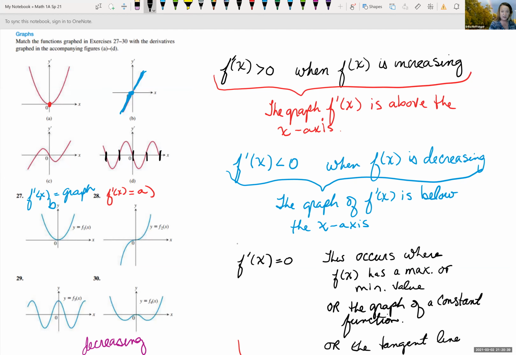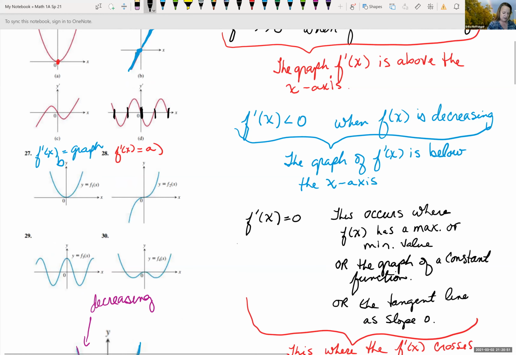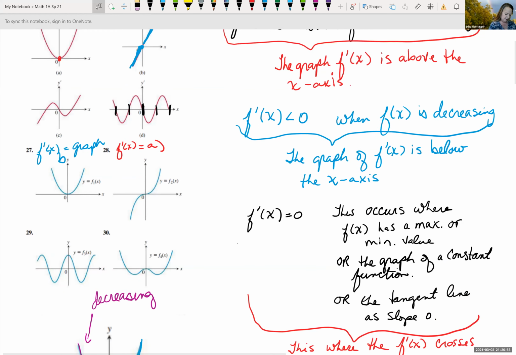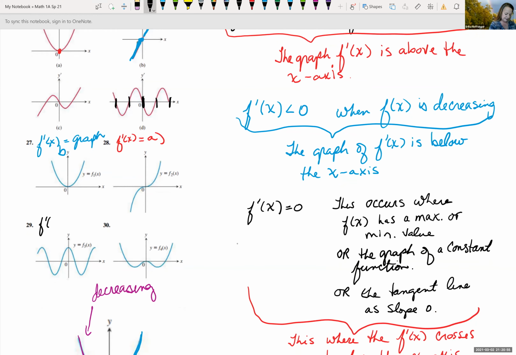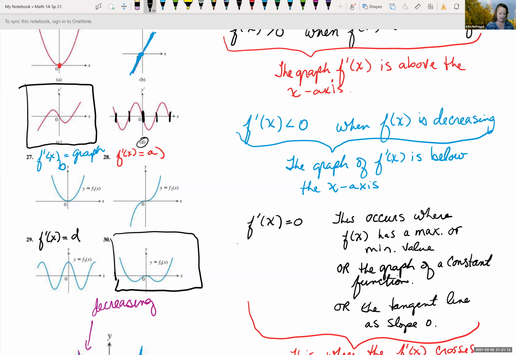And remember back at the other graph, what I said looked like a cosine, that was where the horizontal was. It's passing the x-axis there. Okay. So this graph here, f prime of x, is equal to graph D, which should mean that by power of elimination 30 should be C.